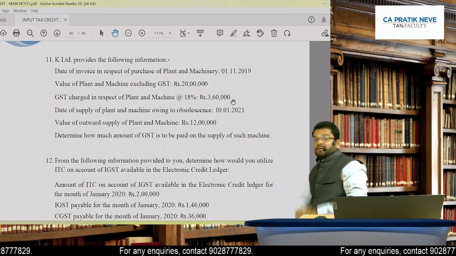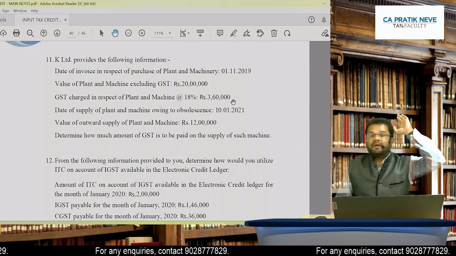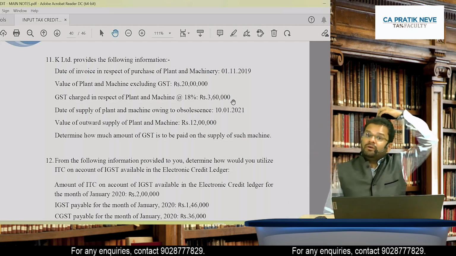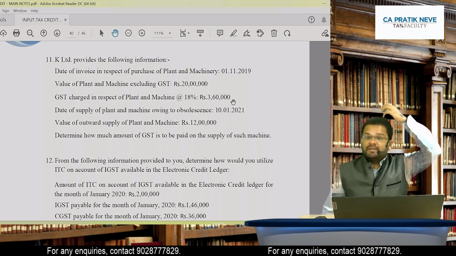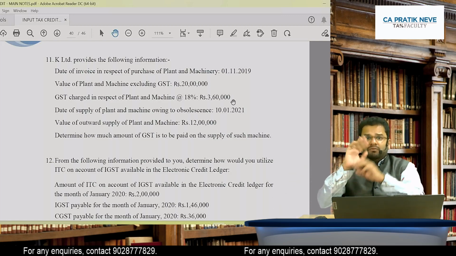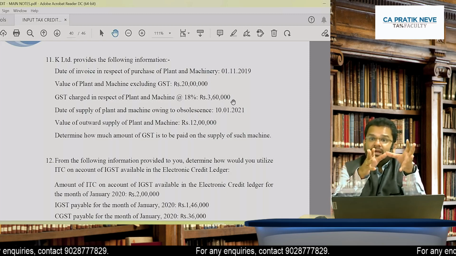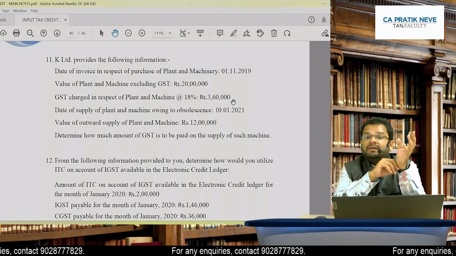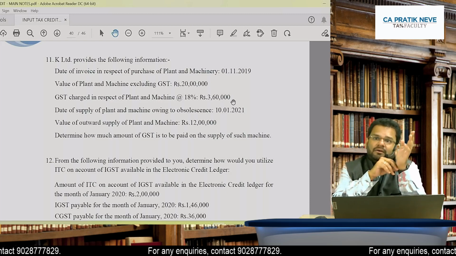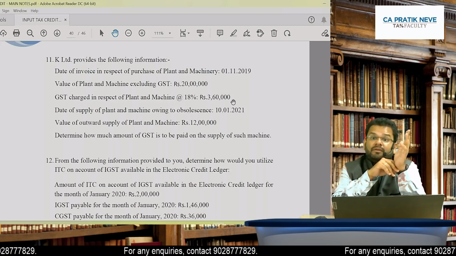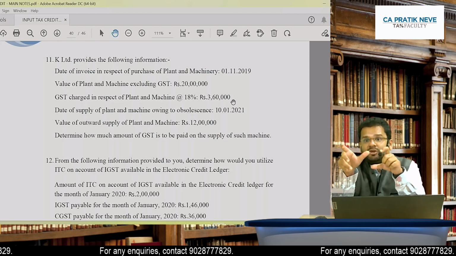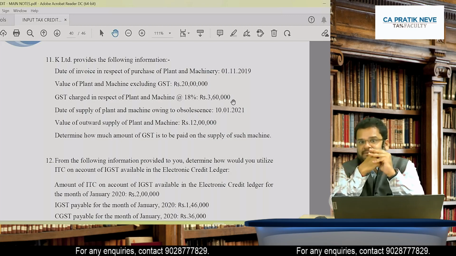Now friends, 49.5, what is it? You never read 49.5 in isolation. 49.5 is read with 49A, 49B and Rule 88A. Do you remember that? It is utilization of ITC to pay output tax.